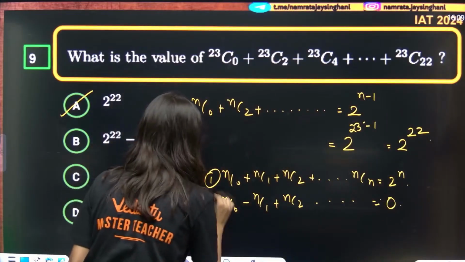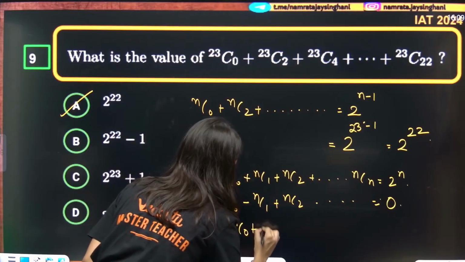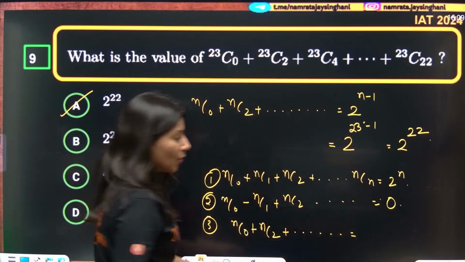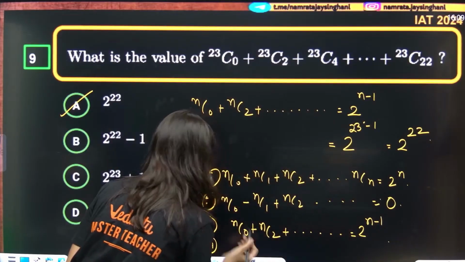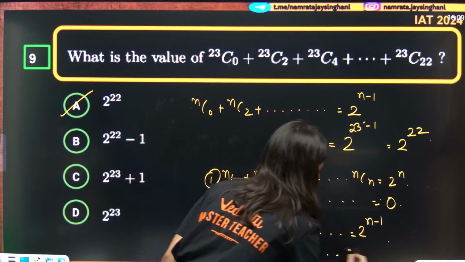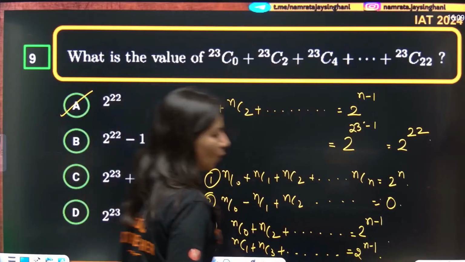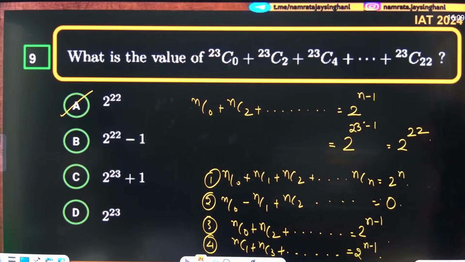Okay, second, third thing, if you add these two, NC0 plus NC2 plus and so on is nothing but 2 power n upon 2, so 2 power n minus 1. And fourth thing, even if you subtract, NC1 plus NC3, the remaining odd terms, is also 2 power n minus 1. Okay, so for now, option A is absolutely correct. All the formulas are written right in front of you.